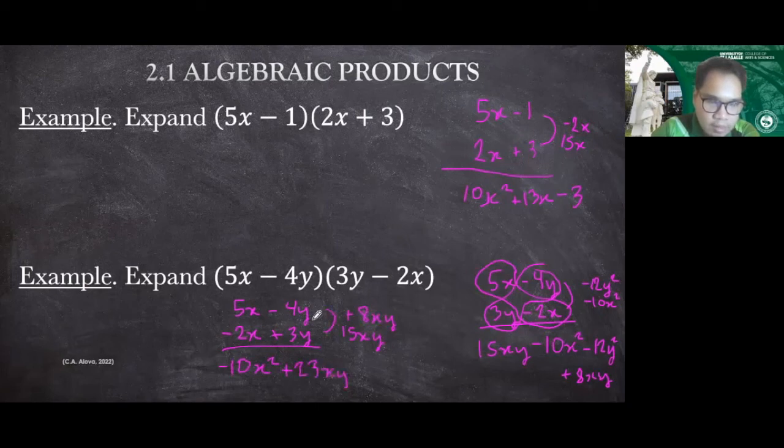And then negative 4y times 3y is going to give us negative 12y squared. So this answer is actually practically the same with this if we're going to add 15xy and 8xy. But take a look at this. This is in a one-line fashion. So this is much better compared to the one before. So again, if like terms are on separate columns, try to make them first in a single column and then proceed with the multiplication.